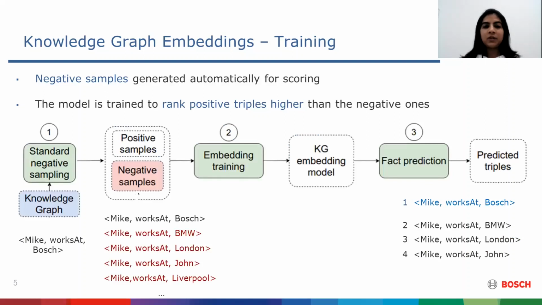Here we see a typical training process where a knowledge graph triple such as Mike works at Bosch is given to the embedding training along with a set of negative samples generated automatically. Once these samples are provided to the training process, the idea is that the model learns to have higher ranking for the correct triple, that is Mike works at Bosch, and a lower ranking for the incorrect triples. So when the predicted triples are seen, the correct ones rank higher than the incorrect ones.